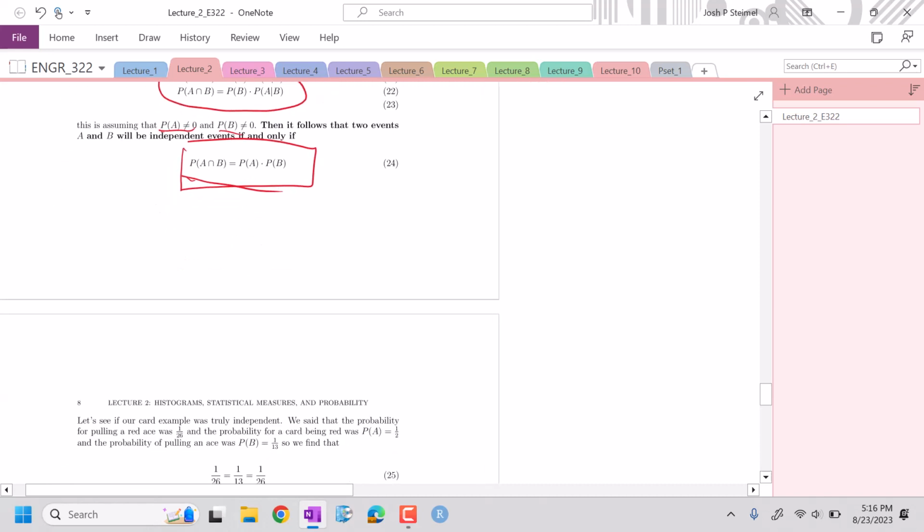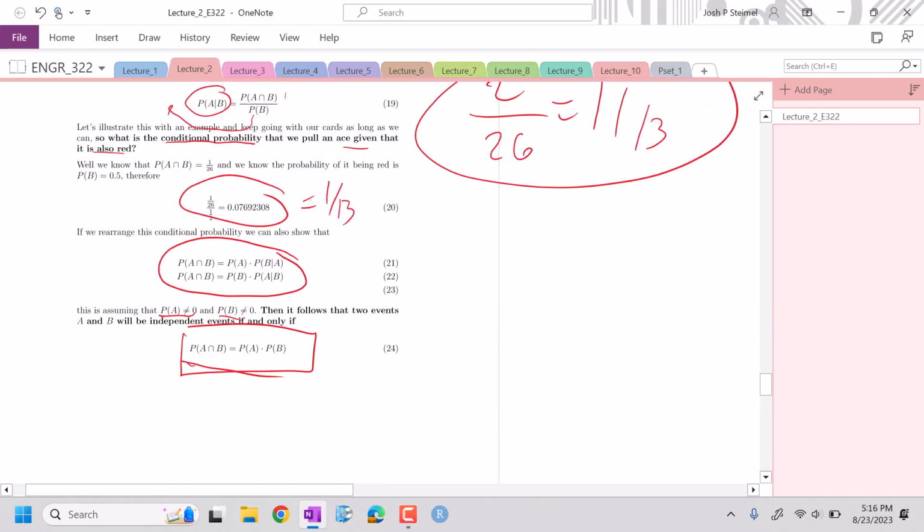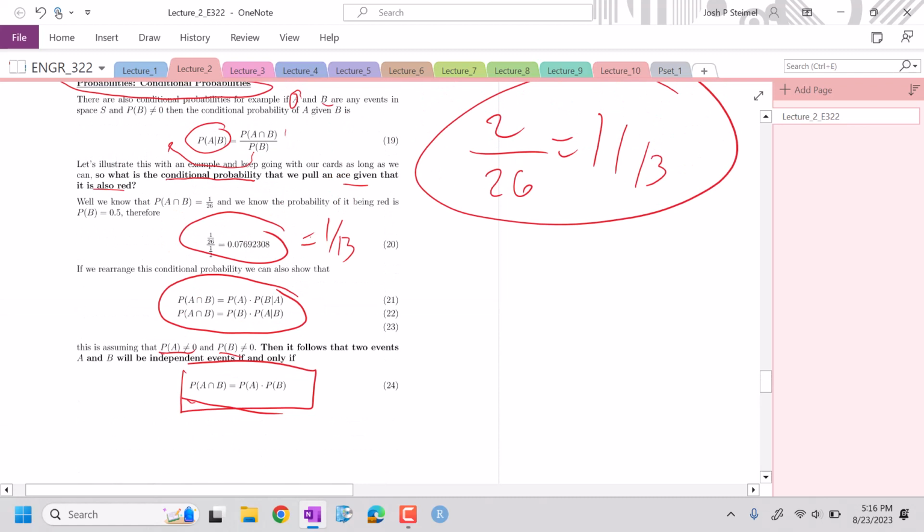So let's see if we were correct on that. In this problem, A is that we pulled an ace, so we can see if they are independent. And B was that it was red.